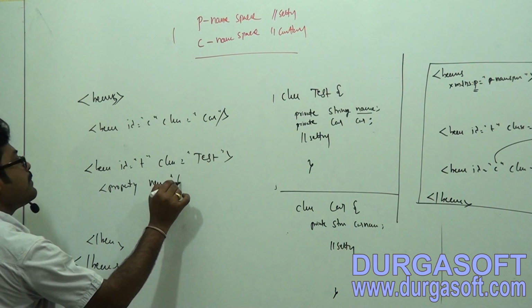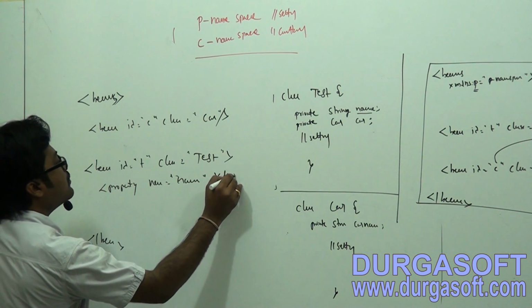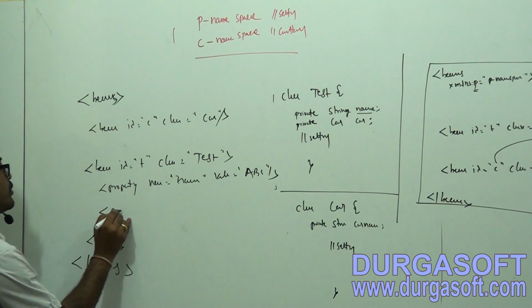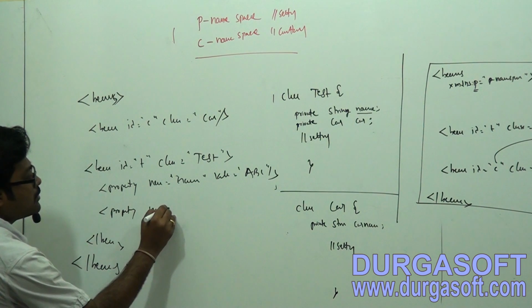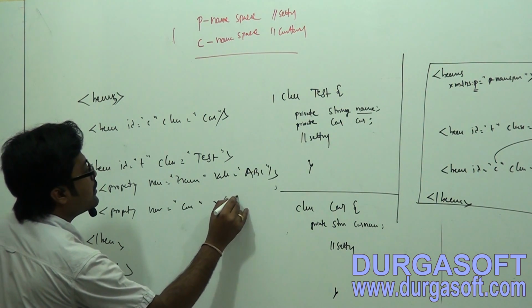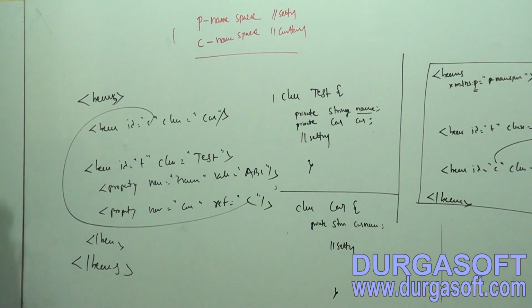Property name and the value, that property's required value, and one more property, car, and the reference. If it is a secondary type, that reference you need to pass.